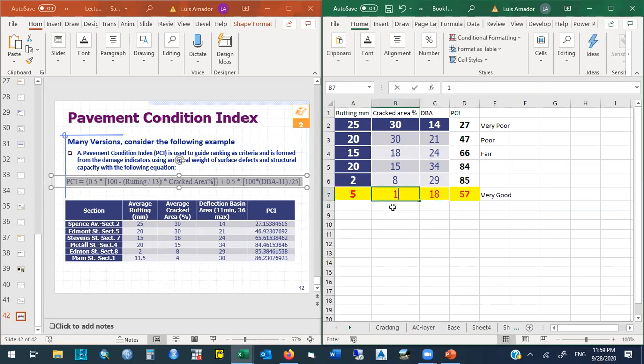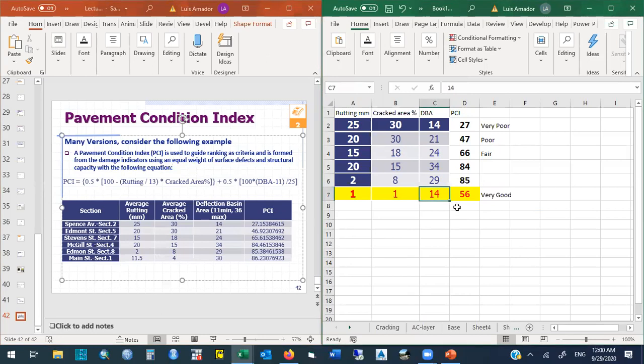And now maybe I have 1% crack area and 1 millimeter in rutting. My deflection basin area is 16 or 14. So it's only this one, because of the weight that I have used and the approach that I have used to combine it.